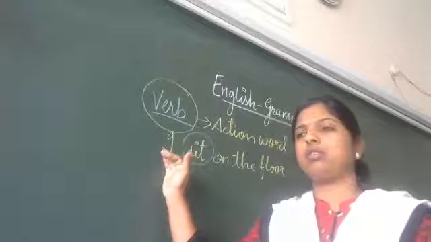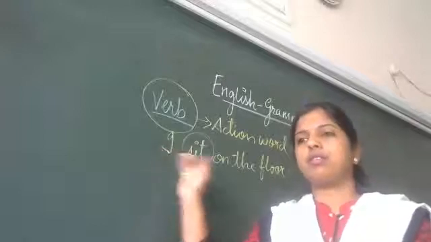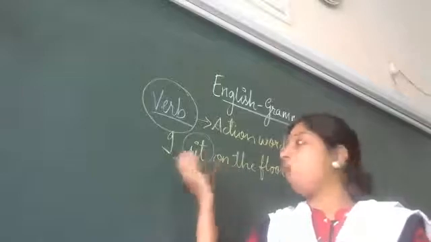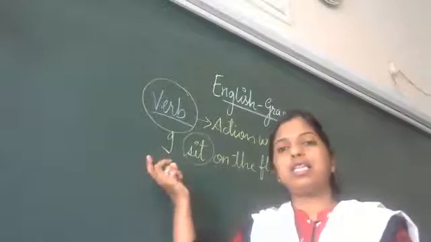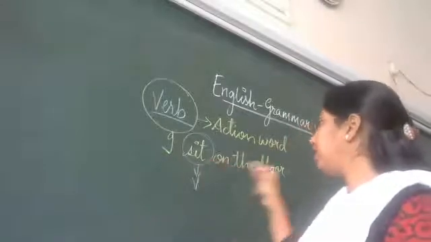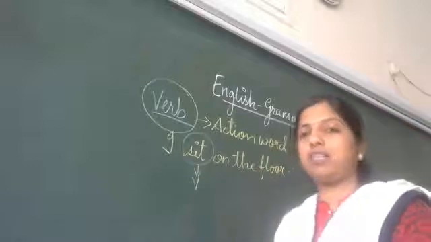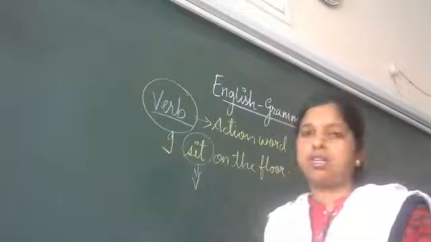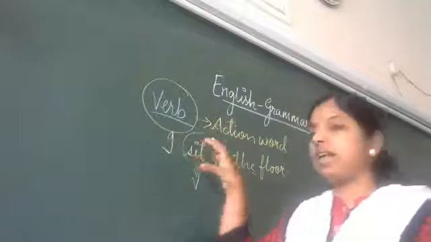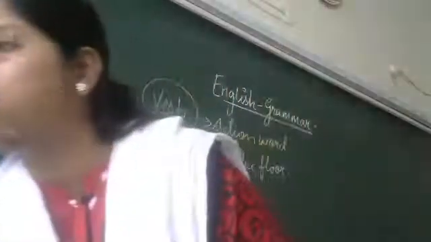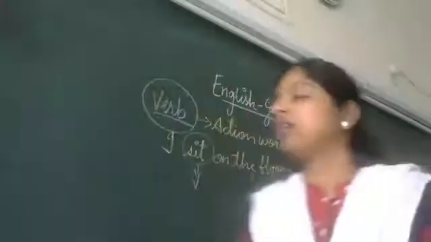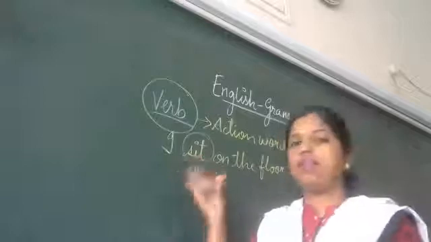Please don't talk. Mute yourselves. Sit is a word which tells us about what action is being performed by the subject. So this becomes the verb. I sit on the floor. The action is being done by the doer here, that is the subject. This is called a main verb.